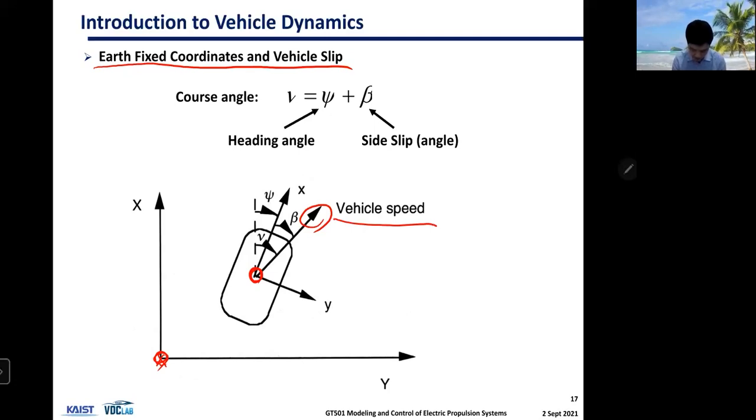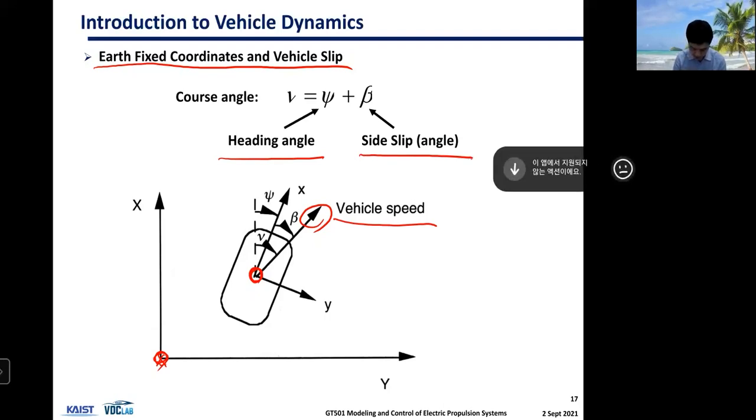And this vector can be composed of two vectors. One is going to be the heading angle vector, and there is this side slip vector.